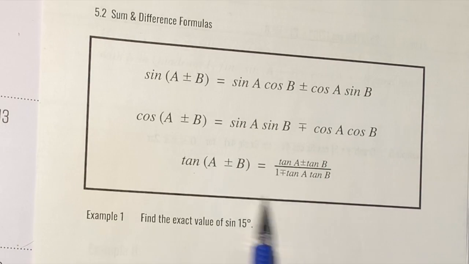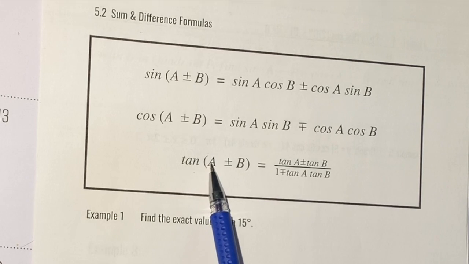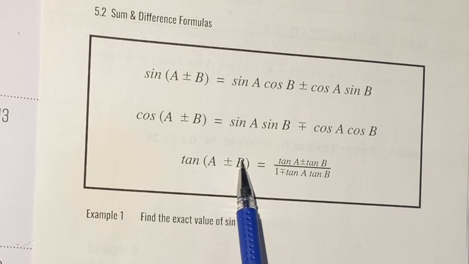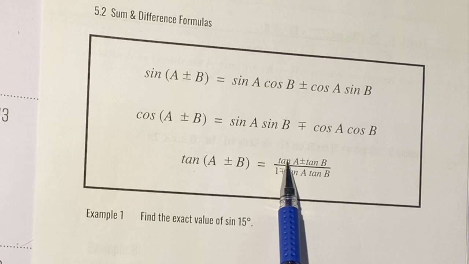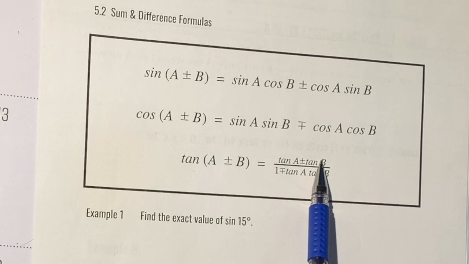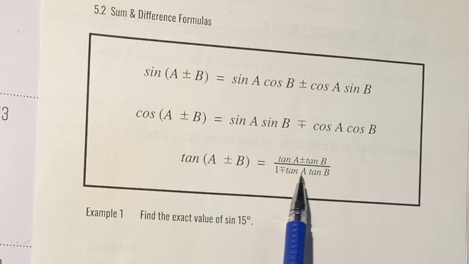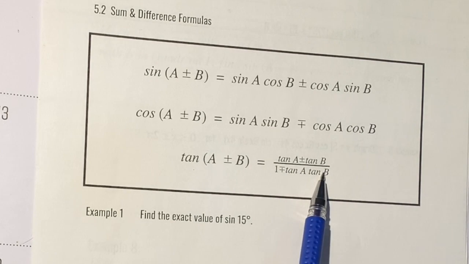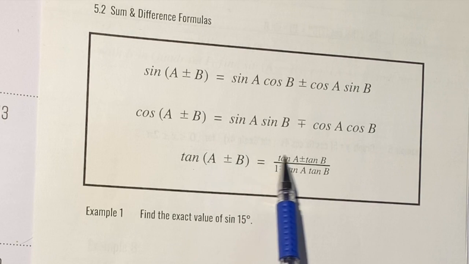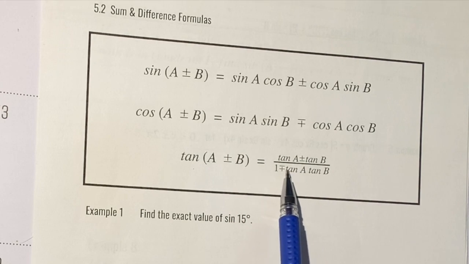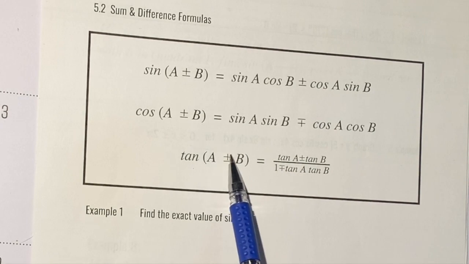And then tangent is totally different. The tangent of the sum of two angles is the tangent of angle A plus the tangent of angle B divided by 1 minus the product of the tangents of A and B. So tangent A times tangent B. So the sign on the top is plus, sign on the bottom is minus if it's a sum.